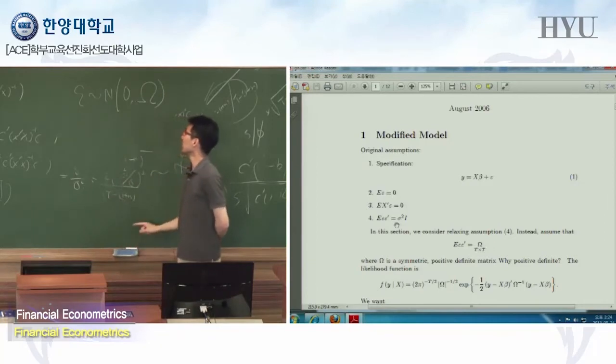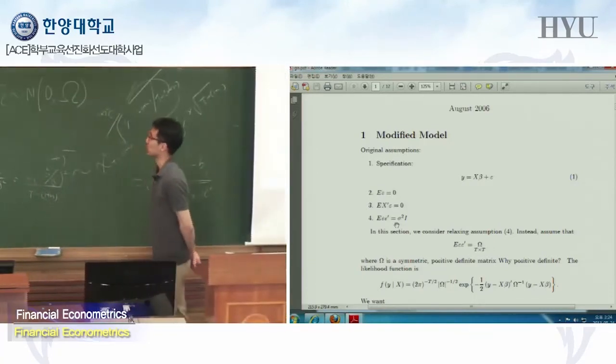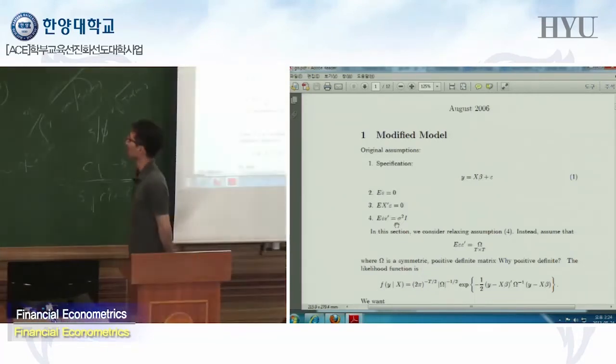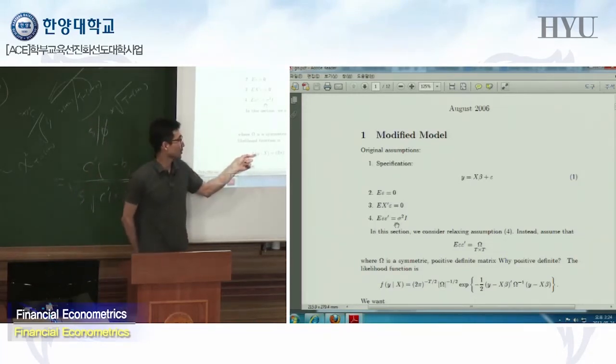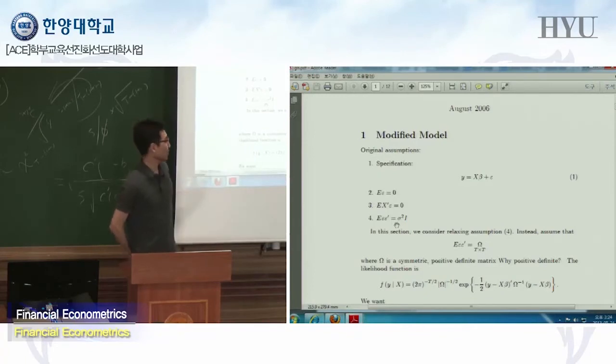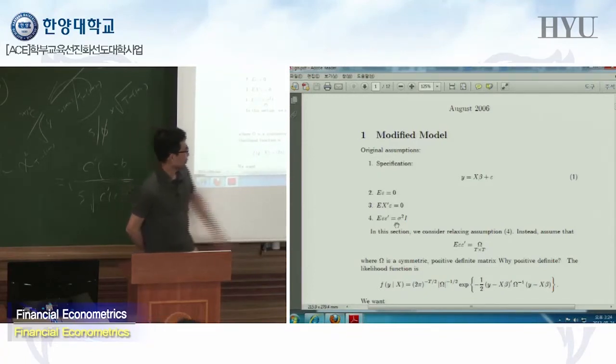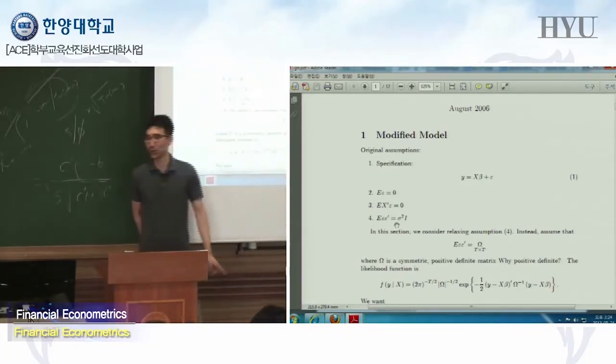If epsilon follows a multivariate normal distribution with mean 0 and variance covariance matrix omega, then the probability density function for epsilon looks like this. Actually, in this case, it's y. Anyway, y minus x beta is epsilon.